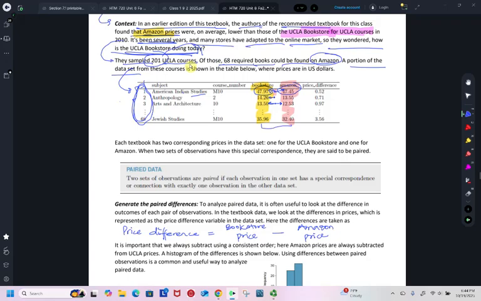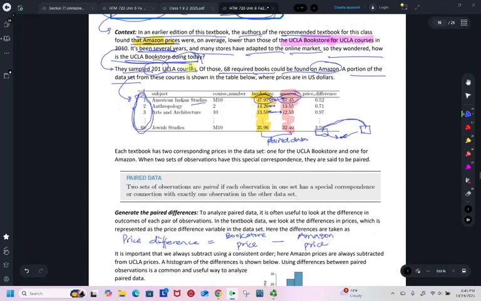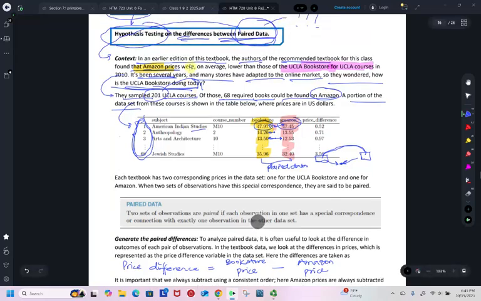So these two data sets are called paired data because for each textbook, we can match two different data values, which are paired by their connection to the same textbook. How do we conduct analysis on such data? We're going to start with hypothesis testing on the differences between paired data.